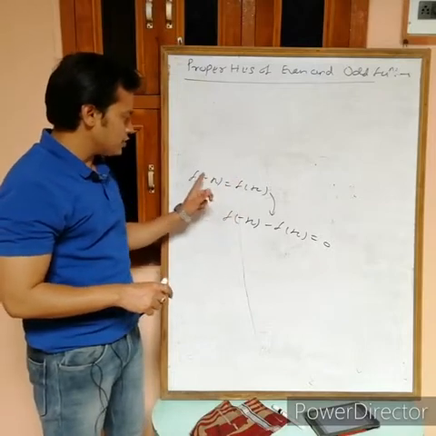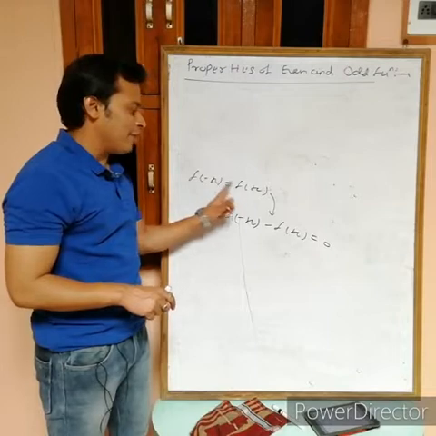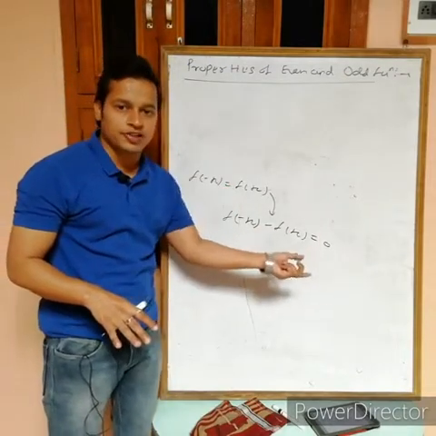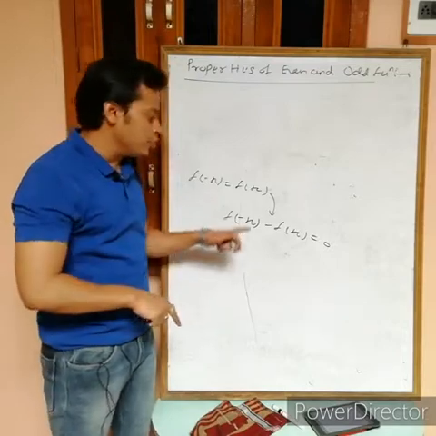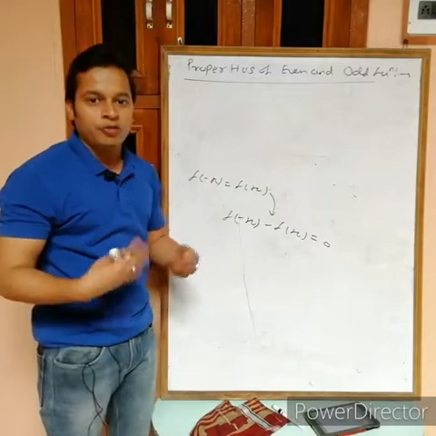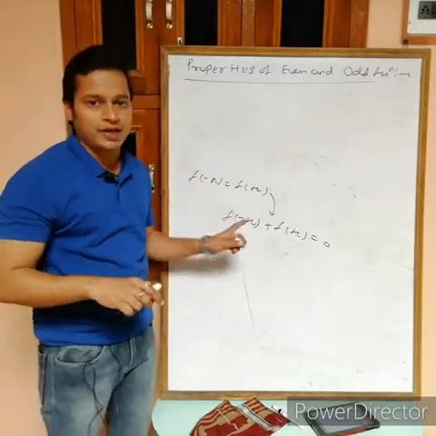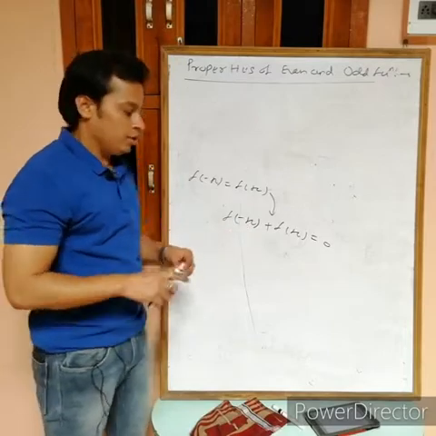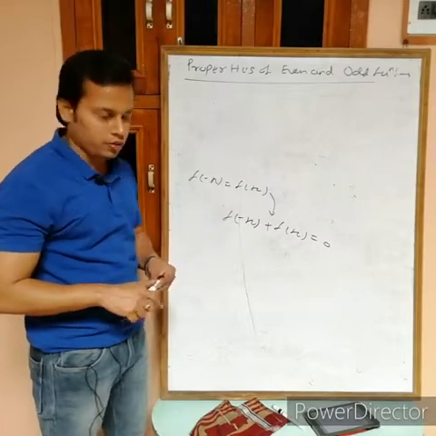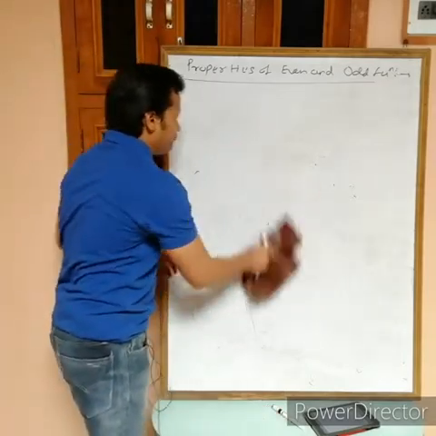Both are the same thing: in f(-x) = f(x), if you put f(x) on this side, we get minus f(x). So sometimes it is easy to prove this equals 0 for an even function, and for an odd function this one is easy to prove. I will take an example based on this one. So this is the first property.